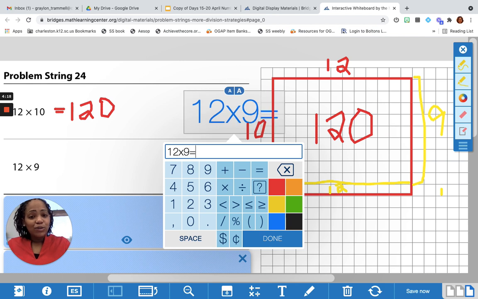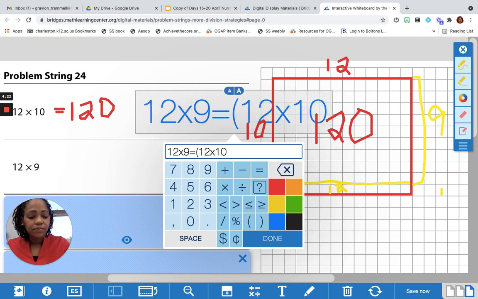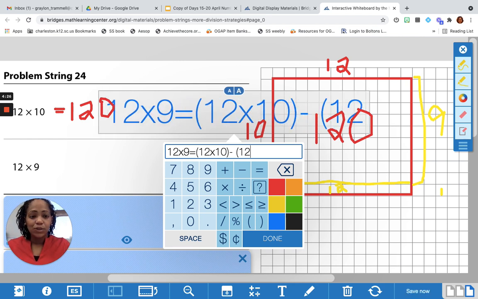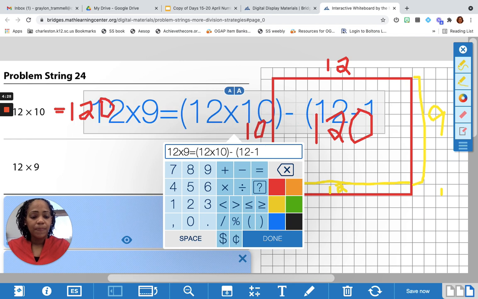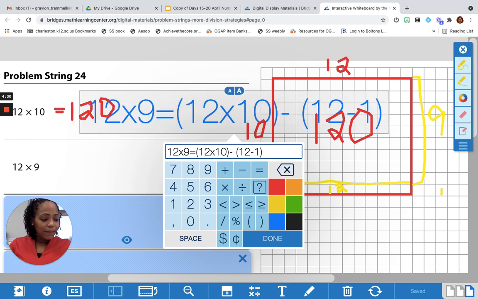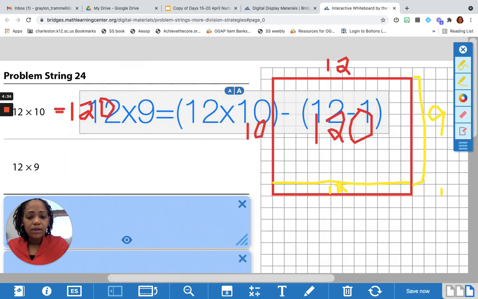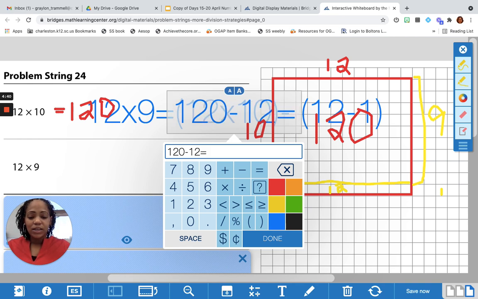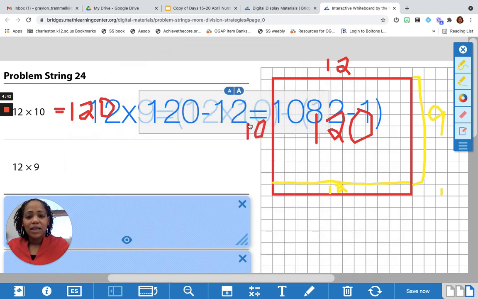So in order to figure out 9 times 12, I need to do this. I'm trying to do 12 times 9, but essentially I'm thinking of 12 times 10, and then I'm subtracting 12 times 1, which is one group of 12. And you can see that looks like this. I'm going to start another row here. That means I have 120 minus 12, which is going to give me 108.